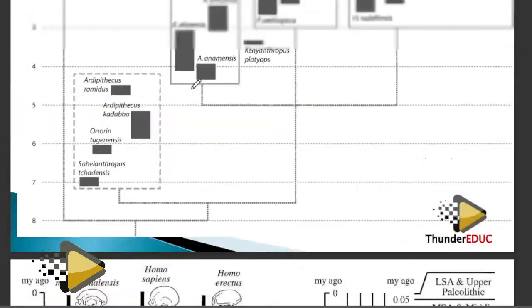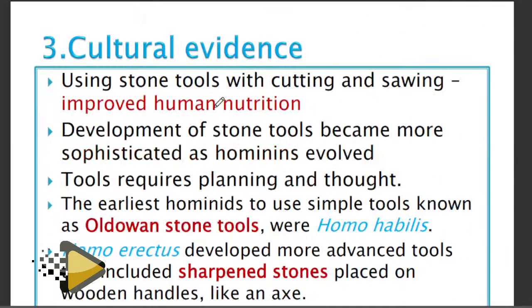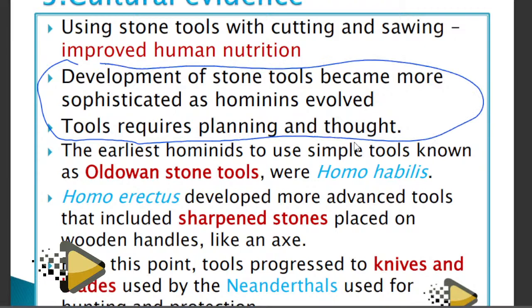So basically, that's what they are looking for. We talked about it here. Cultural evidence: using tools in cutting or improving nutrition, development of tools becomes more sophisticated as hominids evolved. Tools require planning and thought. This is what they are looking at.